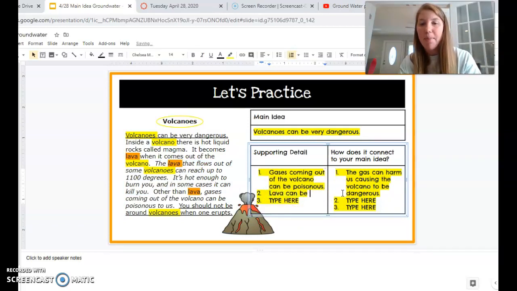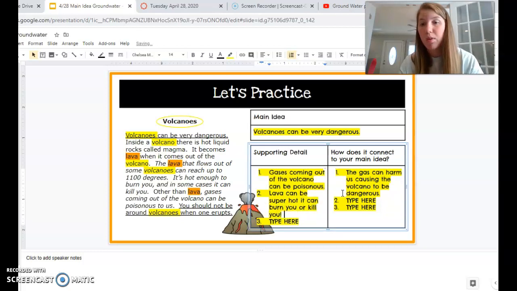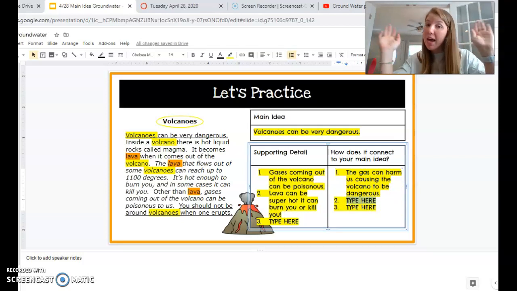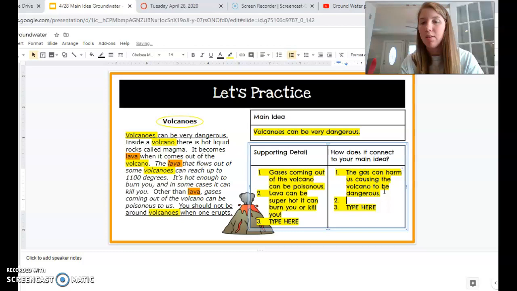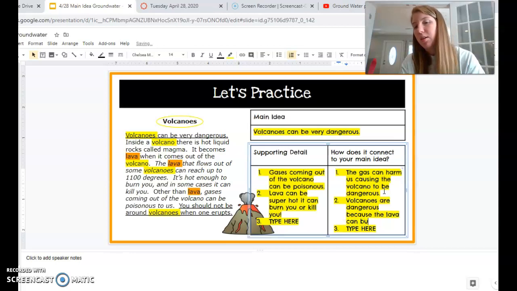Lava can be super hot. It can burn you or kill you. Now, does that support the idea that volcanoes are dangerous? All right, volcanoes are dangerous because the lava can burn you.